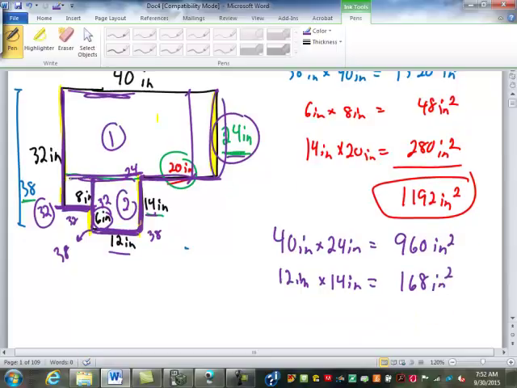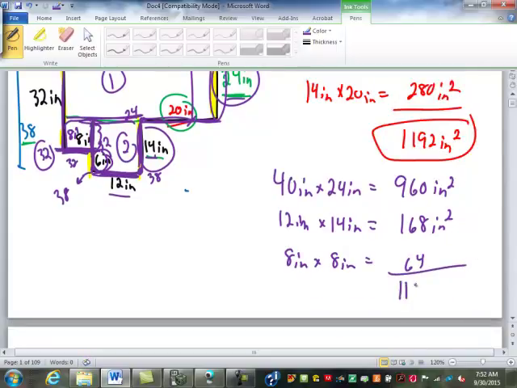And then finally this one here, which is 8 by 8. This is 14, subtract 6. This has to be 8 here. So 8 by 8 is 64, which, surprise, surprise, adds up to 1192.